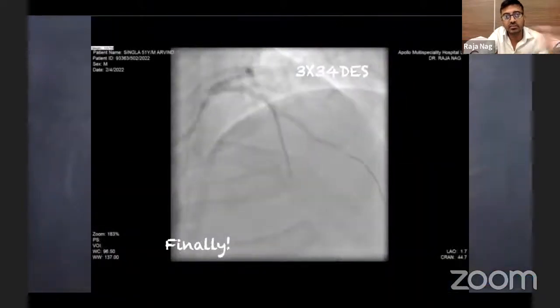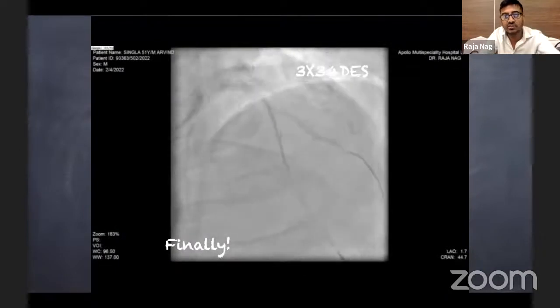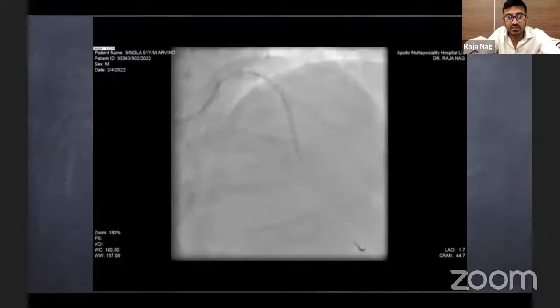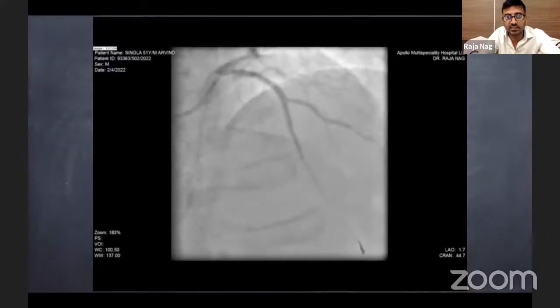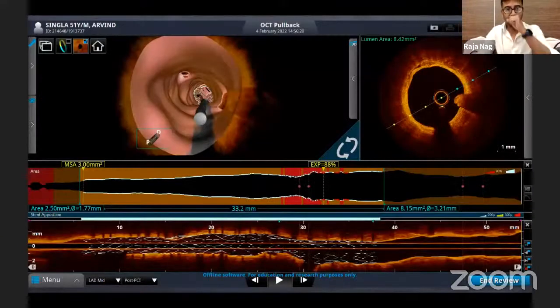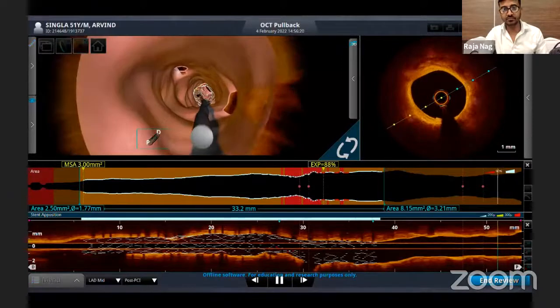Then we decided to stent the vessel with a 3 by 34 drug-eluting stent, post-dilated, and then did an OCT run. I will show you the 3D rendering.